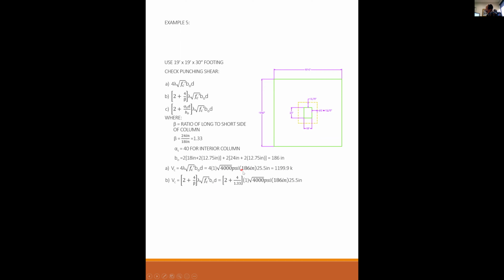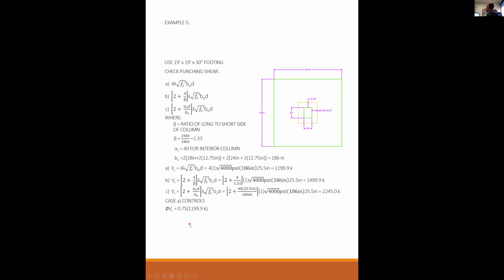So 2 plus 4 over 1.33 is 1499.9 kips. Case 3, 2 plus alpha d over b0. Alpha is 40, d is 25.5, b0 is 186. And that gives you 2245. Of the 3, A is the one that controls.